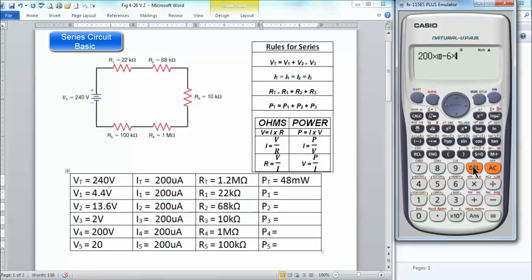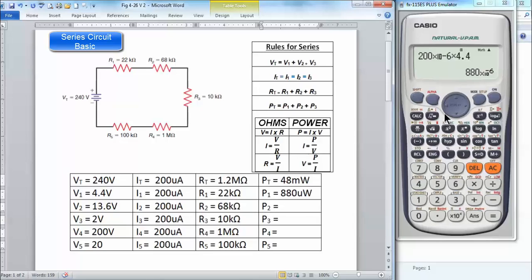P1, we're going to just change our voltage to 4.4. Gives me 880 microwatts. My next one, I go up here, change the voltage amount, 13.6, tells me 2.72 milliwatts.